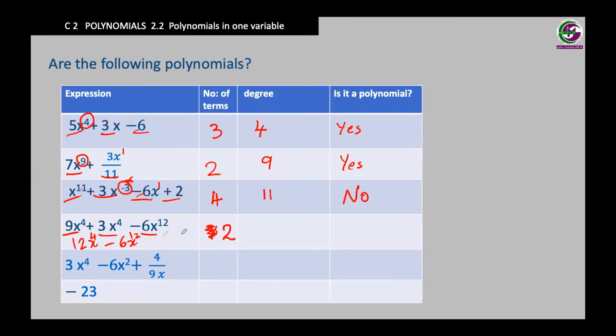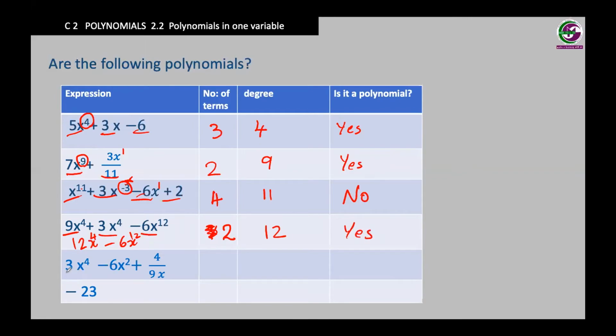It is not 3 terms, it is 2 terms because they have the same power. Okay, now what is the degree? Powers are 4 and 12, so the highest power is 12. Is it a polynomial? Yes, it is a polynomial because the powers are 4 and 12, both are whole numbers.